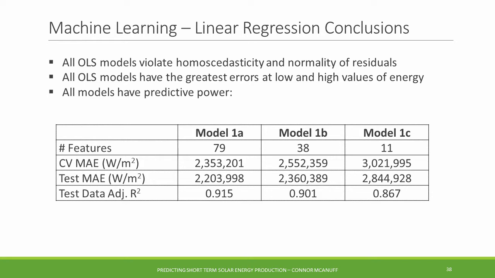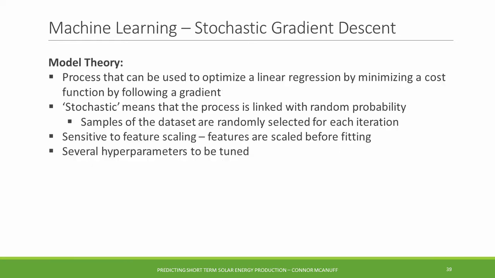This result implies that multicollinearity was not a problem for this dataset in terms of implementing linear regression. The models do have predictive power. The test MAE for Model 1A is 13.3% of the mean energy value. The predictions correlate well with the actual values, as shown by the adjusted R-squared values.